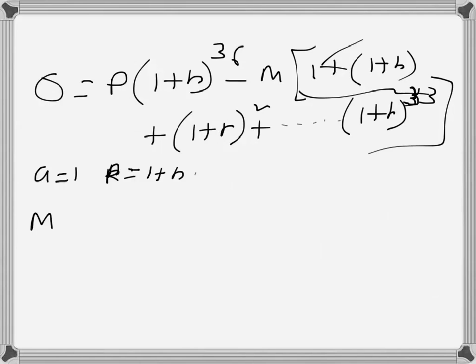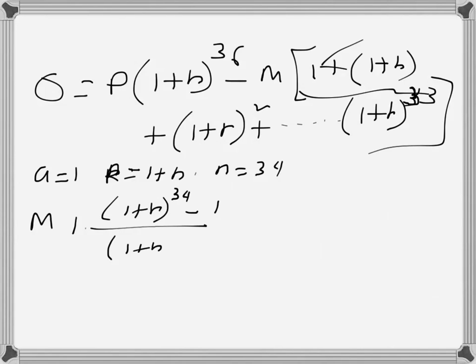So basically there are 34 terms. So N is 34. So the summation will be ((1 plus R) to the power 34 minus 1) over ((1 plus R) minus 1), and on the right hand side is this one, P(1 plus R) to the power 36.